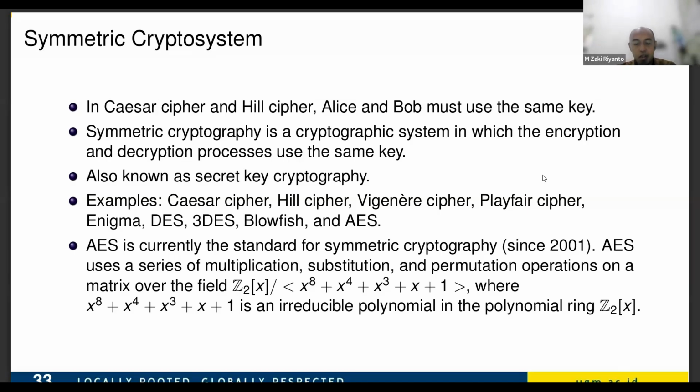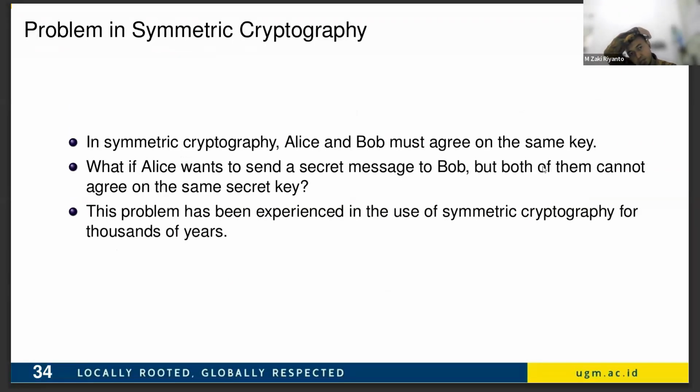And then I will introduce the problem in symmetric cryptography. In a symmetric crypto system, Alice and Bob must agree on the same key, the key for encryption and for decryption. What if Alice wants to send a secret message to Bob, but both of them cannot agree on the same secret key?